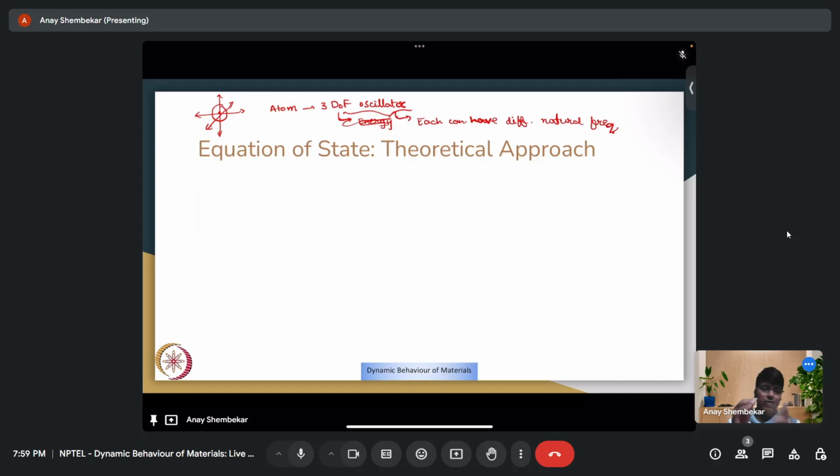So how does the atom oscillate along X? It can have some frequency nu one, along Y it can have a frequency nu two, and so on. Right, so each of these acts like an oscillator.